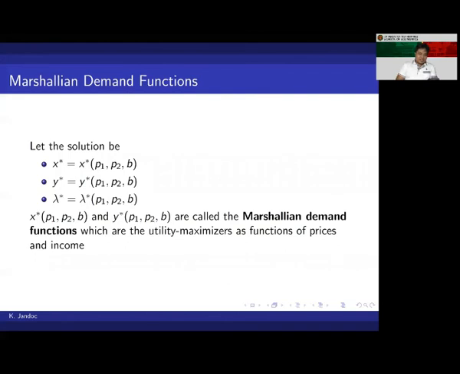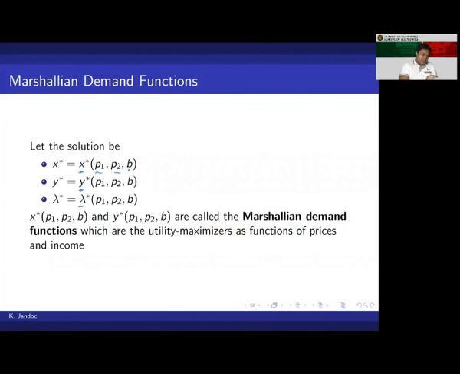Now let the solution be x star, y star, lambda star. We'll show it via an example later, but the optimal solutions x star, y star, and lambda star are functions of the parameters p1, p2, and b. So if either the price or the income or the budget changes, then the optimal values of x star, y star, and lambda star will also change. This is dependent on a particular level of p and b.